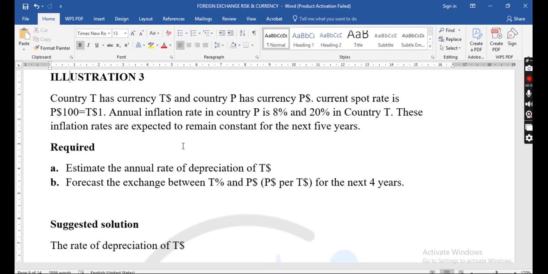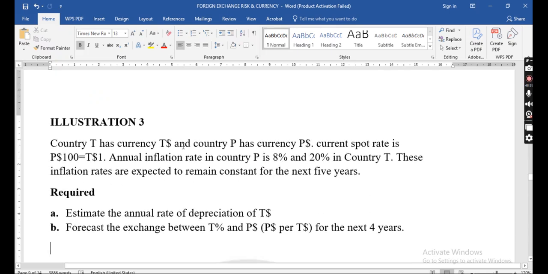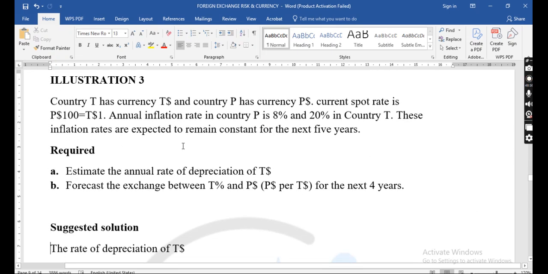So now the question is, which one of these two countries' currencies will be foreign and which one domestic? Class, is it country P or country T? Country T, domestic. Country P, foreign. Why did you say country T should be domestic and country P foreign?